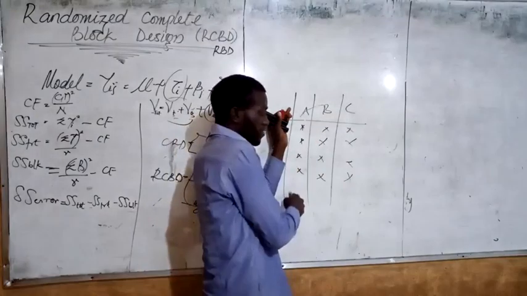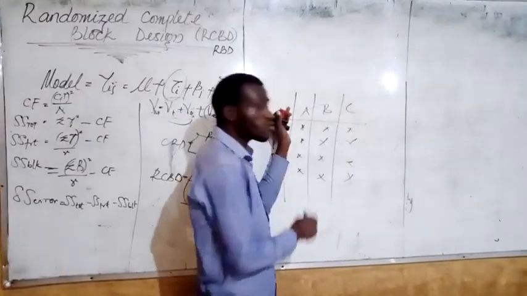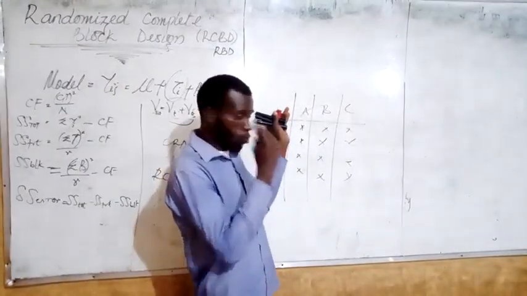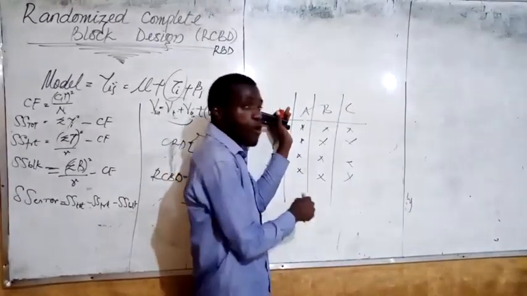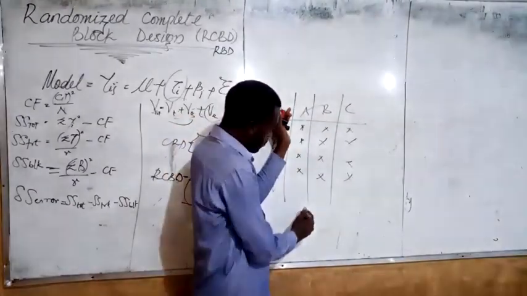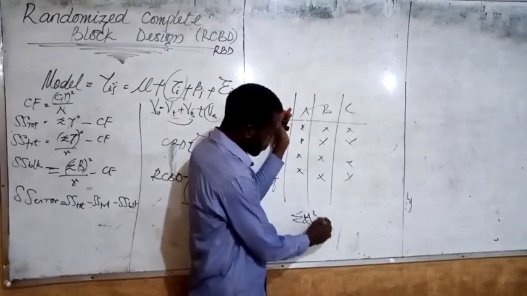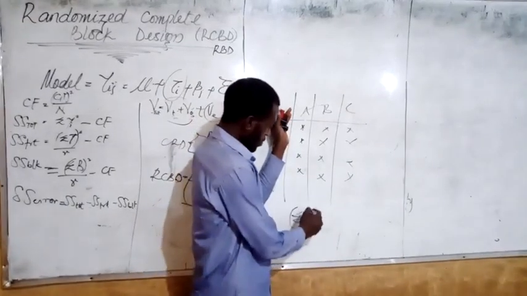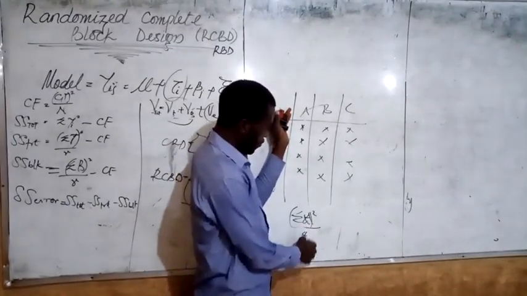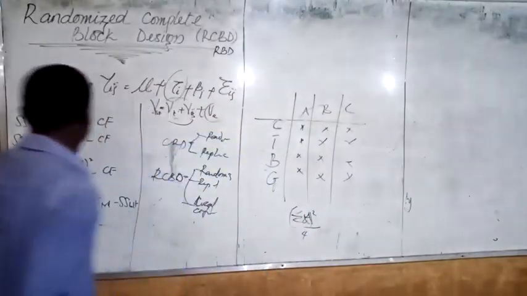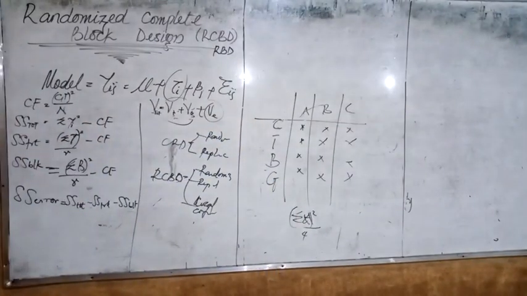I'm going to take the sum of this and divide by how many replications I have. And how many replications do I have? I have 1, 2, 3, 4 replications. So this will be the sum of A all squared over 4. That will be my formula here. Then minus the correction factor, of course.